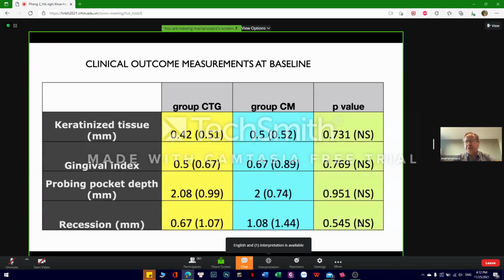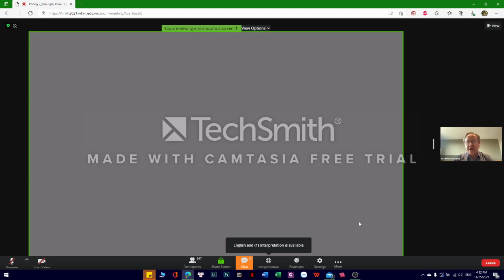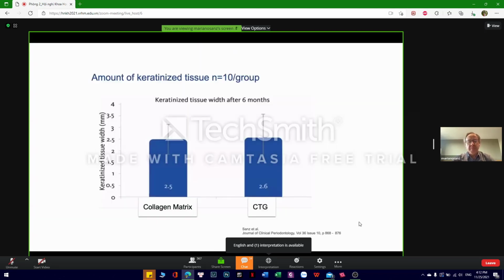As you can see, at baseline, before the intervention, the parameters that we measured, the keratinized tissue, gingival index, probing pocket depth, recession, were basically similar, with no basic differences.